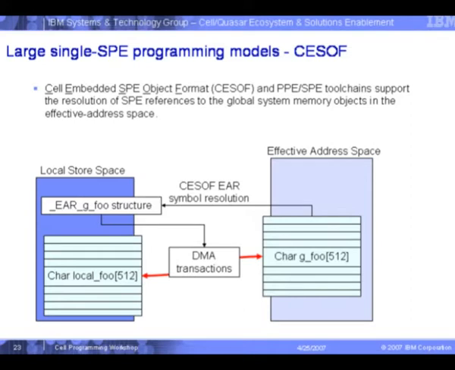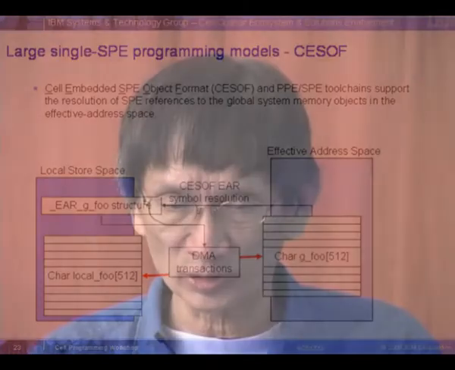This is effective address resolution, something we call EAR. We refer to this one as the EAR_g_full structure. And down in these programs, we refer to that one as card local_full 512. So once we define these structures as CESOF, EAR, we can refer to and use this structure here.